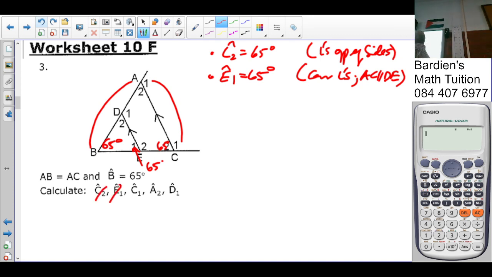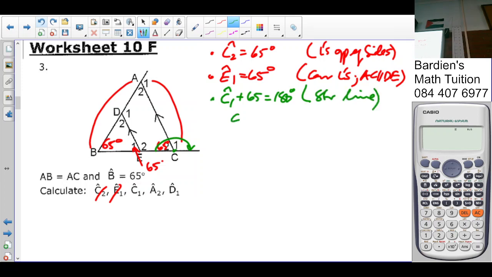C1. Angles on the straight line. You see that, people? So C1 plus 65 is equal to 180 degrees, angles on the straight line. So angle C1 is equal to 180 minus 65, which is 115. Next.